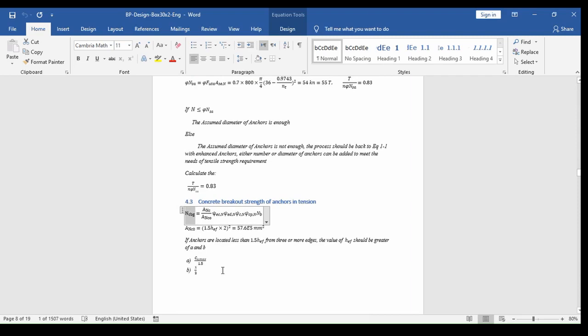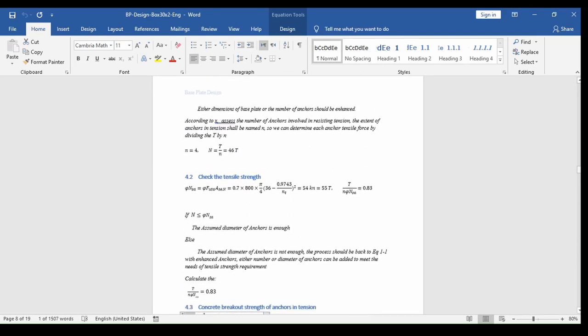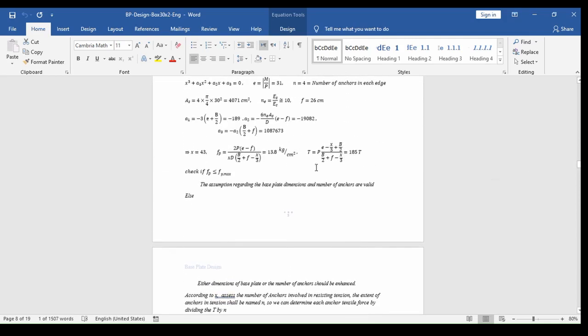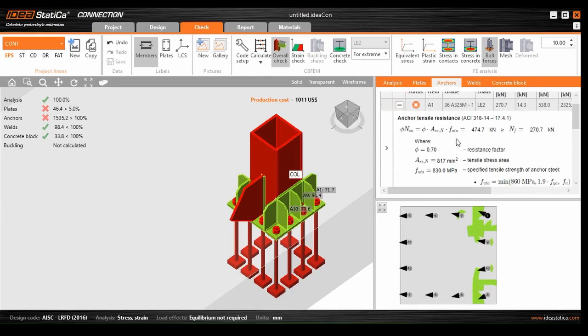And you need to acquire summation of tensile force in anchors. In simple equations that I showed you before, summation of tensile force in anchors according to simple procedure is 185 ton, approximately 850 kilonewton. But in IDEA, you have to click on one of the anchors in tension. Click on print preview.